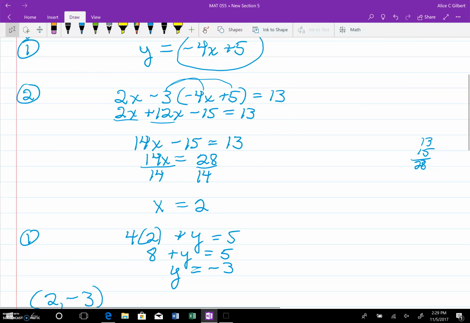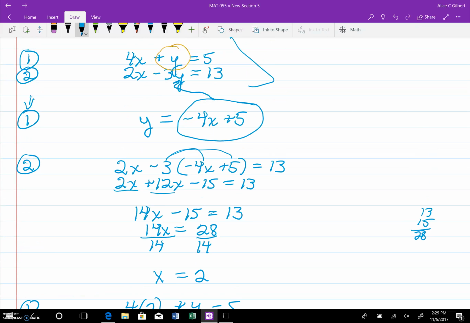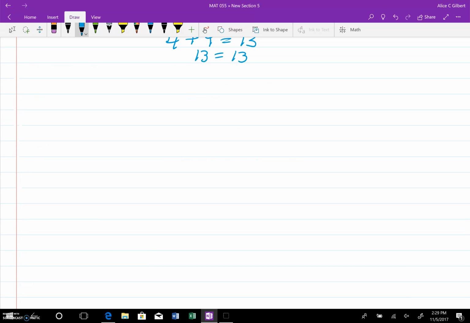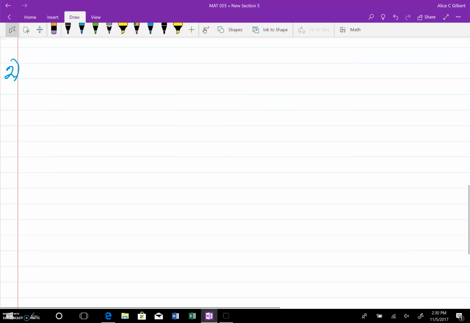And this is the substitution method because we solved for a letter and then we substituted in what we got, this, into that y. So let's try another one. Okay, our second example.